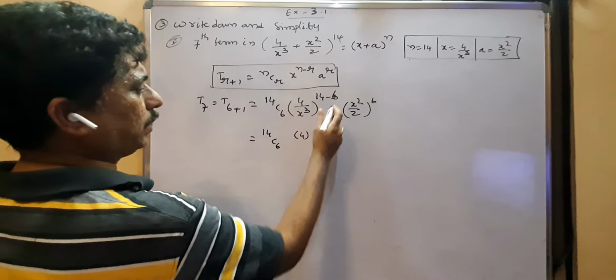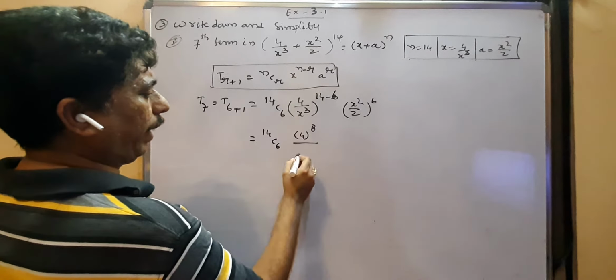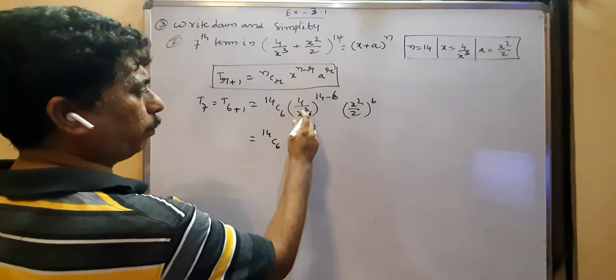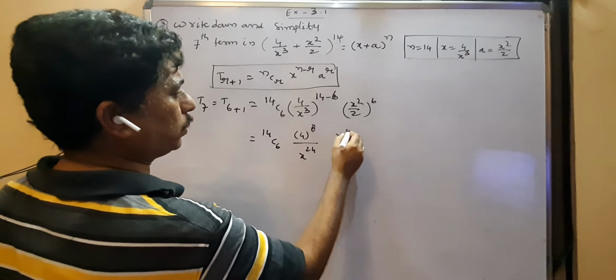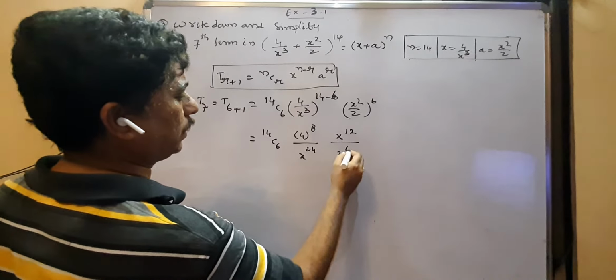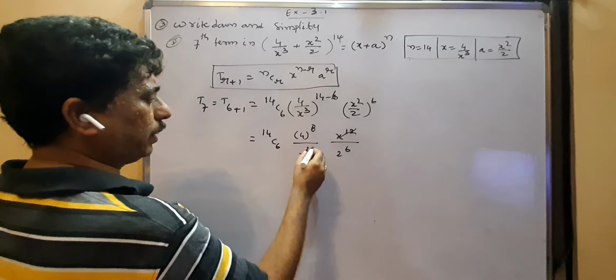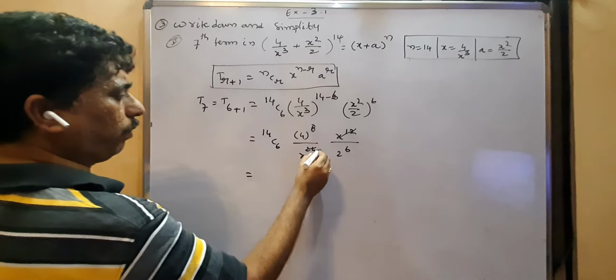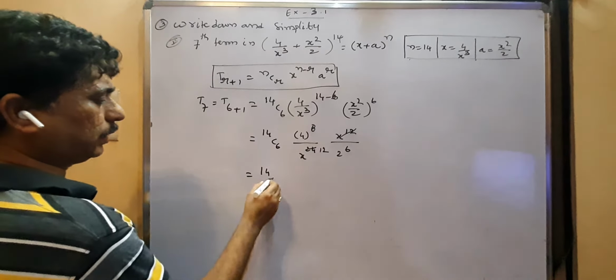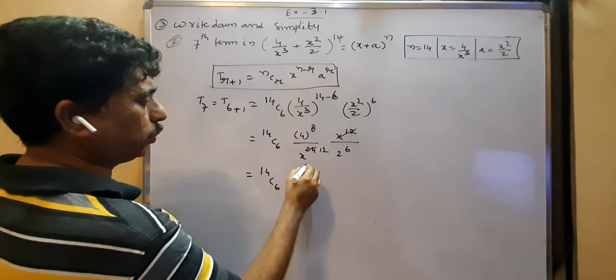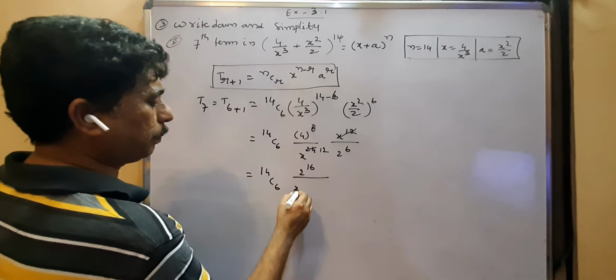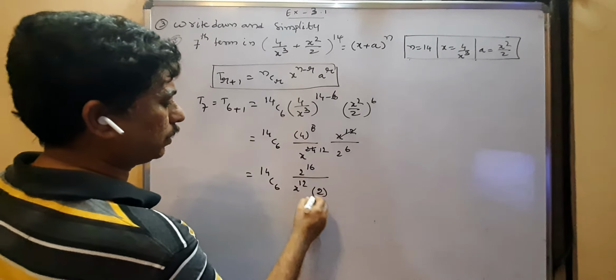4 power 14 minus 6 is 8. X cube whole power 8. 8 3s are 24. X square whole power 6 means x power 12 by 2 power 6. This cancels, so we get x power 12, 14C6. 2 square whole power 8 means 2 power 16 by x power 12 into 2 power 6.